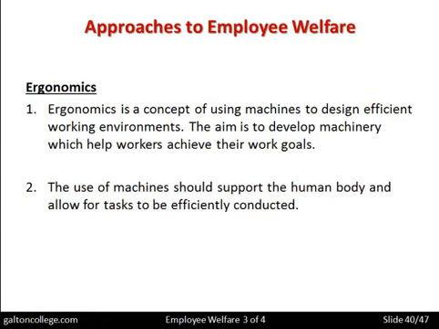Machines, and indeed machines within the office as well, should be laid out in a way that it's efficient for the employee to complete their tasks. They don't have to get up from their desk and walk all the way across the office to another desk to pick up something, to bring it back to their desk, to process it, and do this on a continuous level.